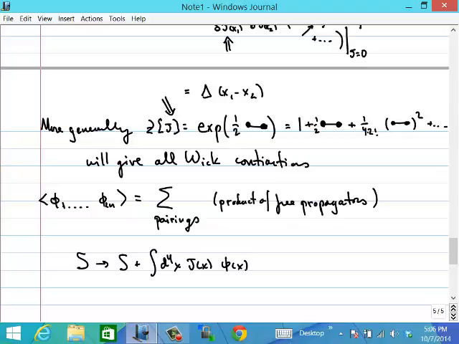So if J of x is non-zero, then that will lead to, for example, the one-point function of phi being non-zero, which means that there's some sort of classical source for the field phi. Okay? So for example, if you wanted to study particle creation by a classical source, then you would study the Z of J with J being non-zero.